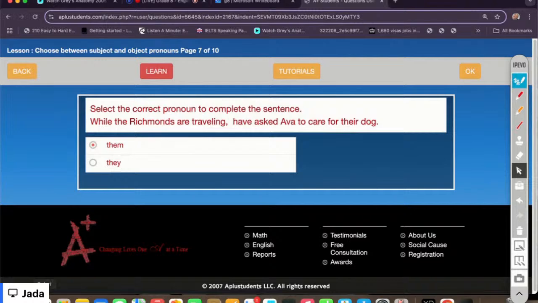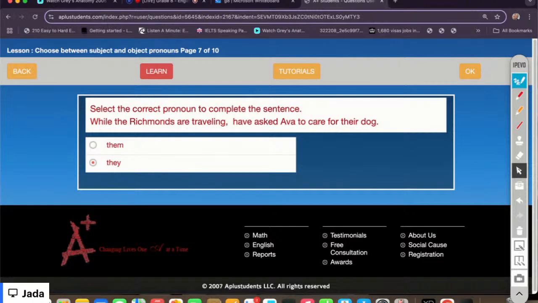Which one? Okay, they have asked Aver to care for their dog.